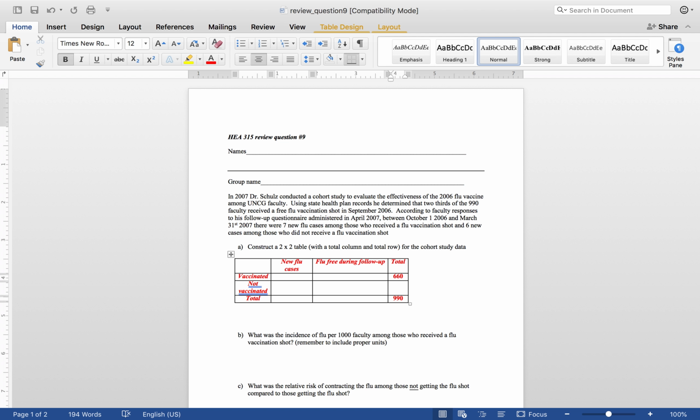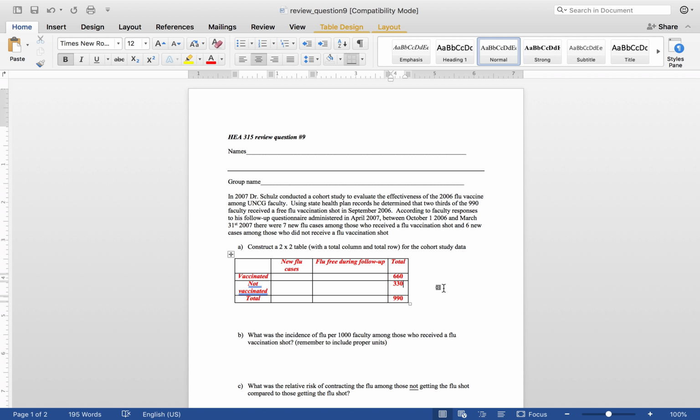And so we can also then go ahead and fill out this total for those that were not vaccinated by subtracting the 660 from the 990. And that gives us 330. So if we continue reading, according to these faculty responses, there were 7 new flu cases among those who received a flu vaccination shot.